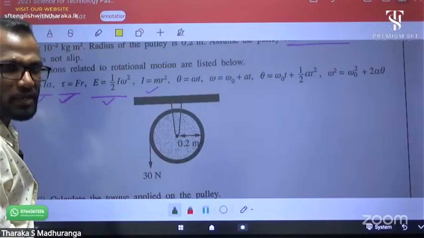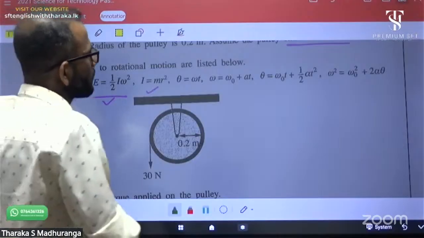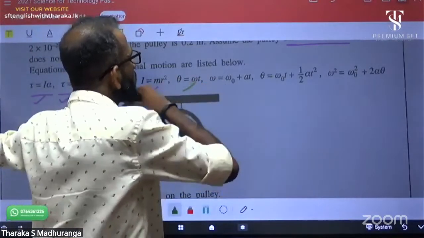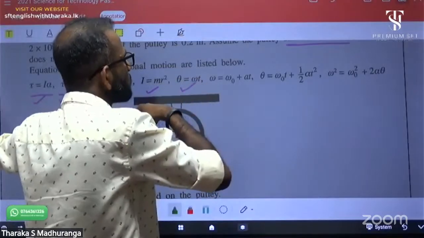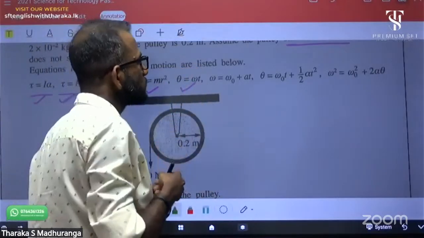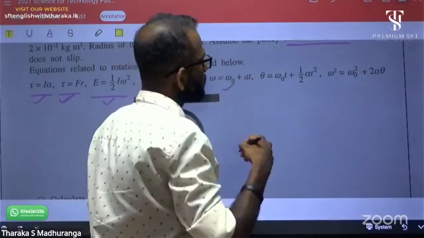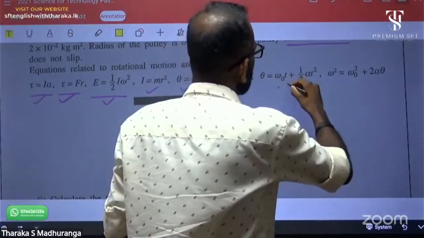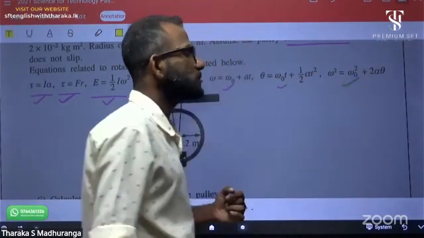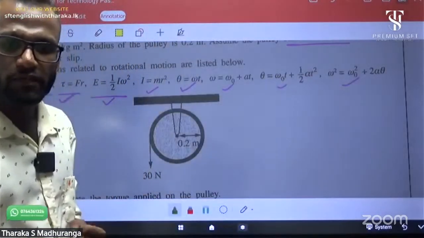Then theta equals omega into t, the angular displacement and angular velocity equation, and two motion equations are given.